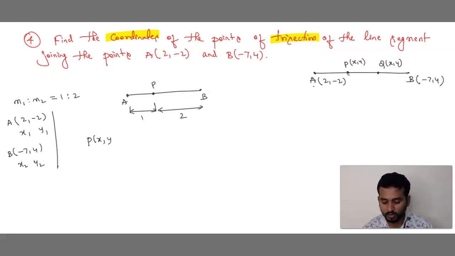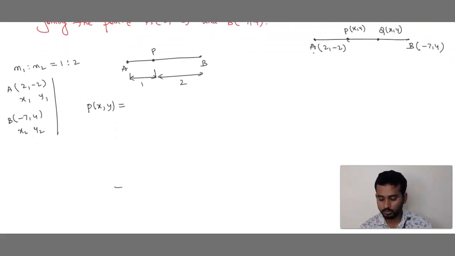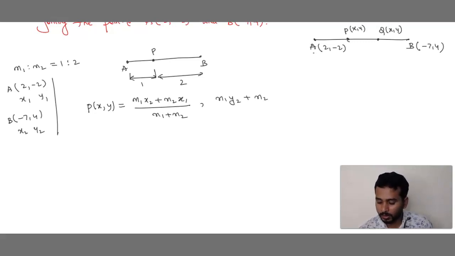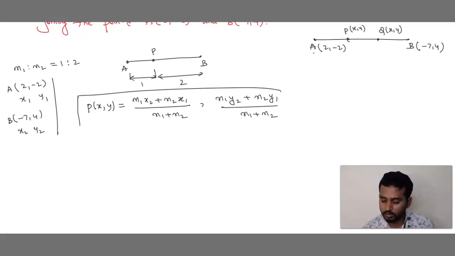What is the section formula? P of x, y is equal to m1 x2 plus m2 x1 by m1 plus m2, comma, m1 y2 plus m2 y1 by m1 plus m2. Just write the formula only one time, enough. This is the section formula.